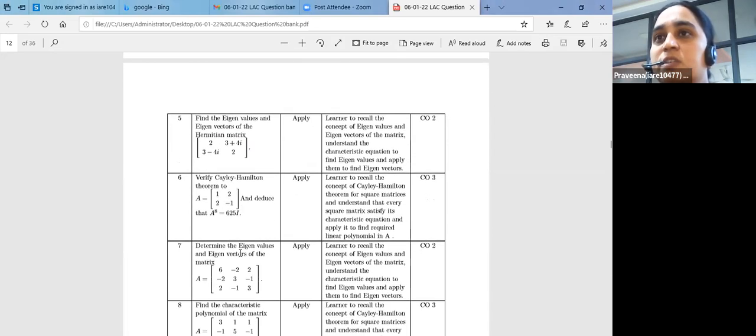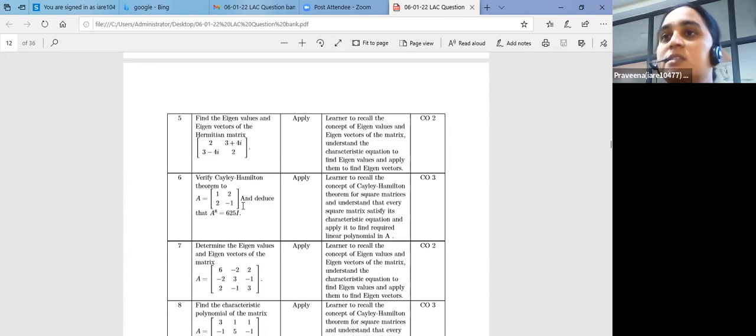And the sixth question is: verify the Cayley-Hamilton theorem for A equal to [1, 2; 2, -1] and deduce that A power 8 is equal to 625 I. First verification, after that deduce that A power 8 is equal to 625 I. Okay, it is also there.